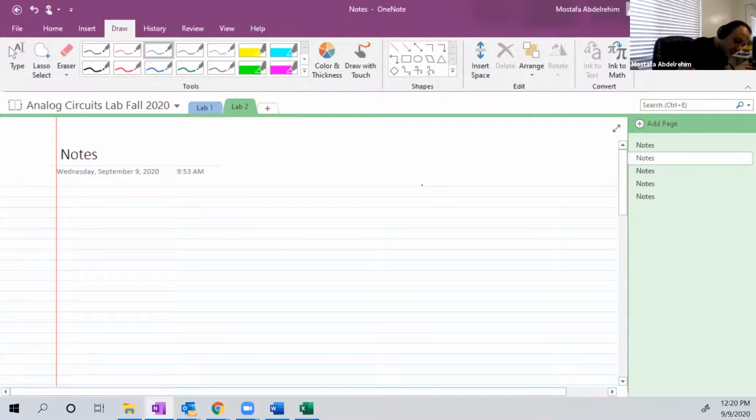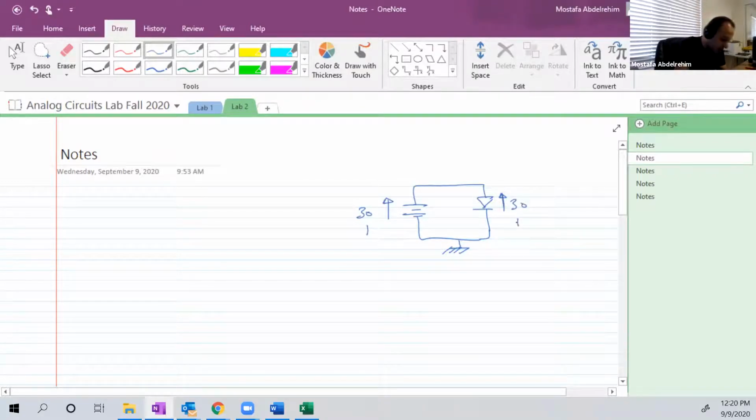So if I remove R1, it will be a diode like this, and just in parallel our source in here. So basically, if I put any voltage here, by Kirchhoff's voltage law, the same will appear on the diode. If I put 30, 30 will appear here. If I put 1, 1 will appear, and so on. So let's measure the current.